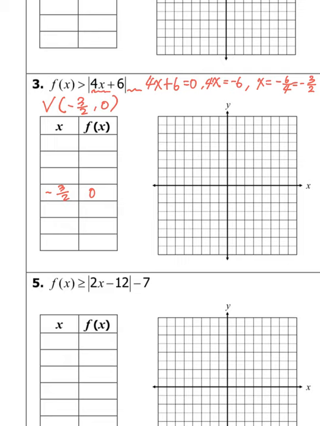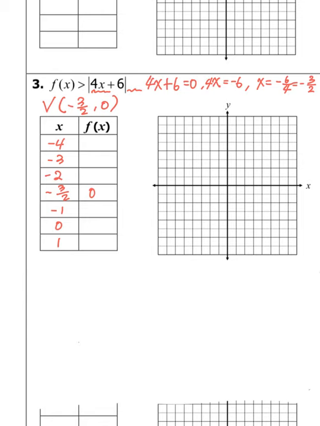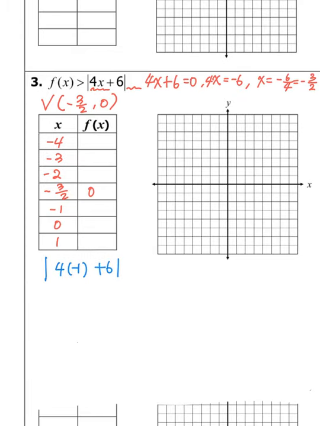And we're going to go down below. This will be negative 2, negative 3, negative 4, and negative 1, 0, 1. Now let's find each y value. Plug the x value into our function: negative 4 plus 6 with the absolute value, which will be positive 2. So this will be 2.